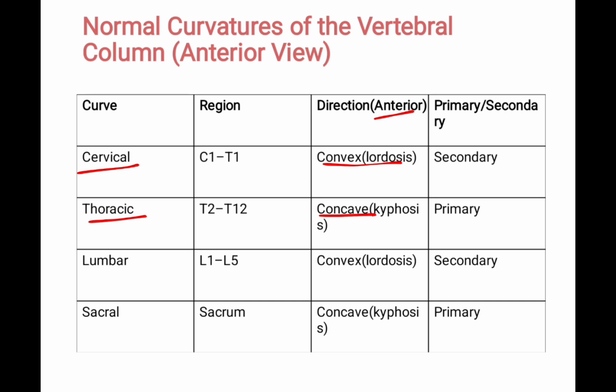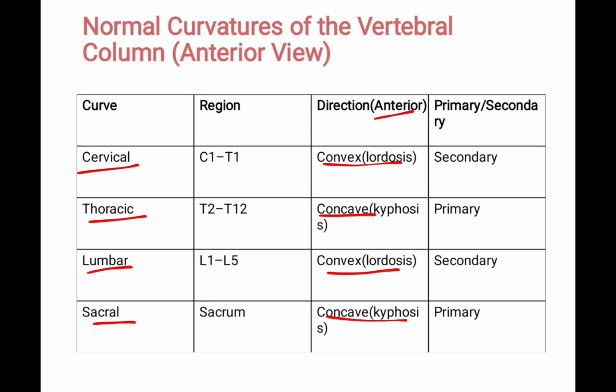This convexity we call lordosis, and the concavity we call kyphosis. The lumbar is convex anteriorly, and the sacral is concave anteriorly.